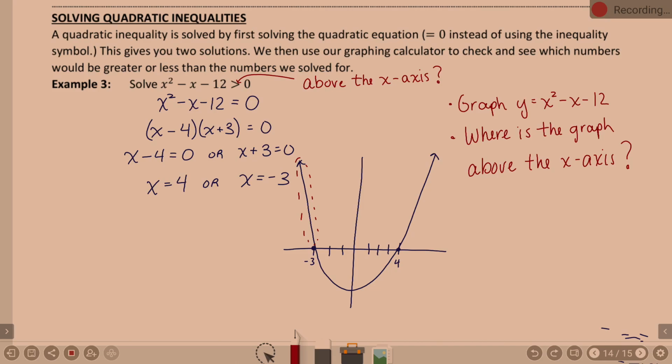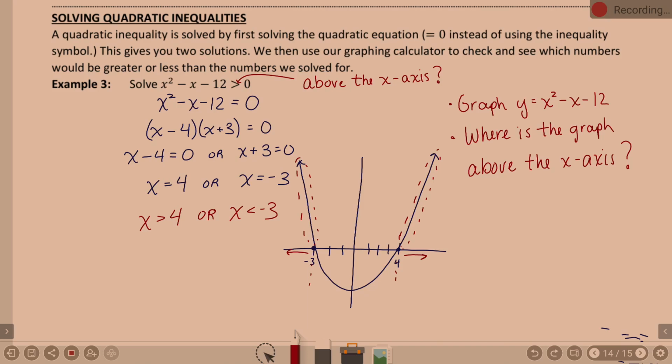To the left of -3 and to the right of 4. Can you guys get on board with that? Okay, because we're looking in relation to -3 and 4. So to the left of -3, to the right of 4. So when x is greater than 4, or when x is less than -3.